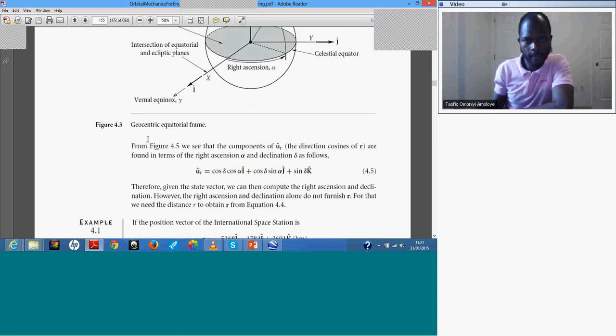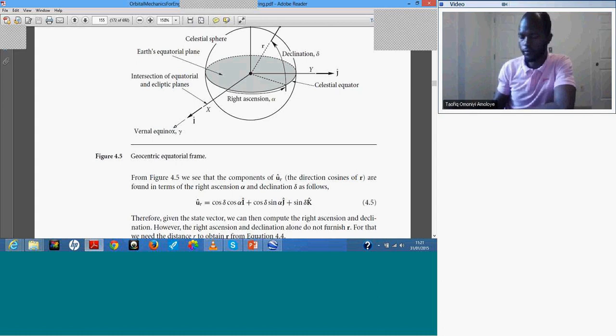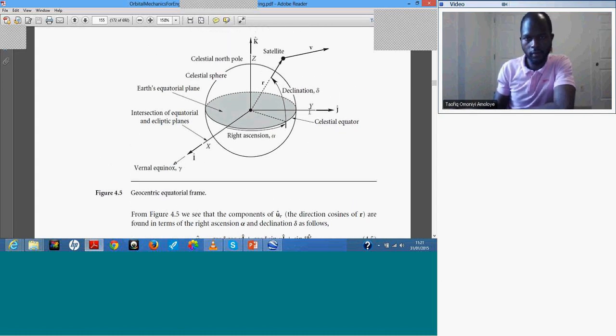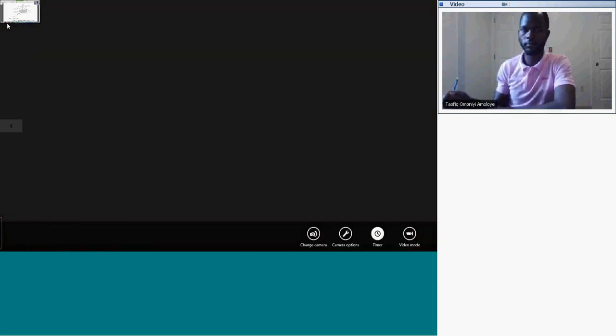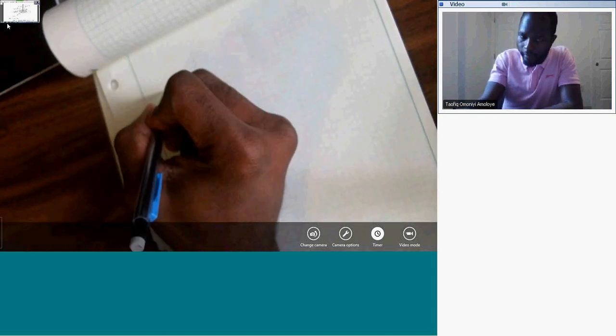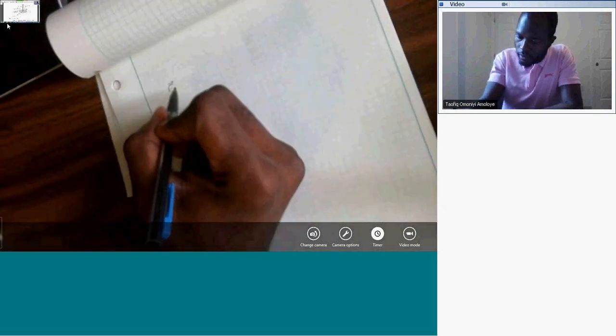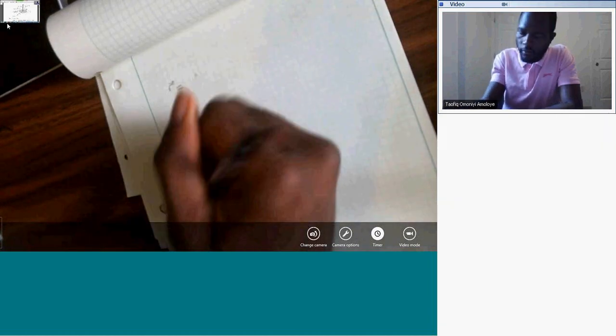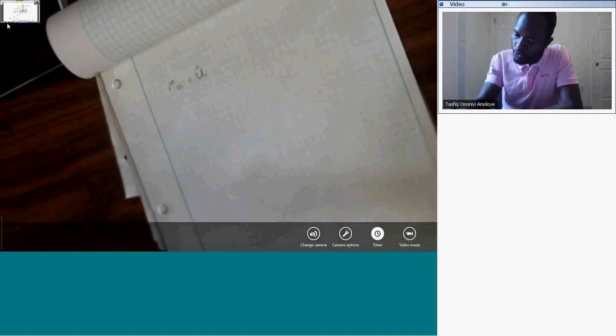Let's see how this comes about. If we have the position vector R equal to R times UR, then UR, that is the unit vector, is equal to the vector divided by the magnitude.